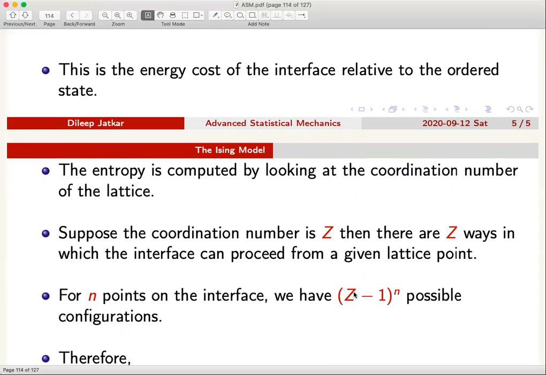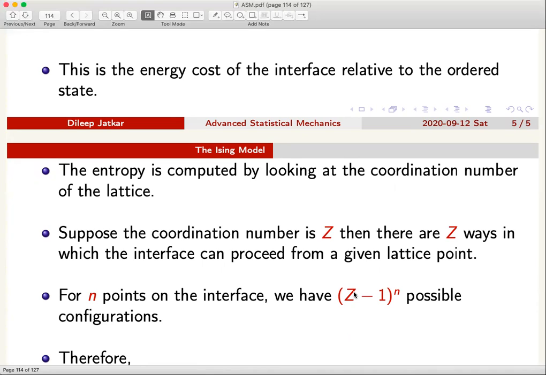What those n locations are you have not yet talked about. But you want to draw a curve which would differentiate the spins across that curve, so that the spins point in opposite directions across the curve. So the number of configurations is basically the number of curves that we can draw with these endpoints.